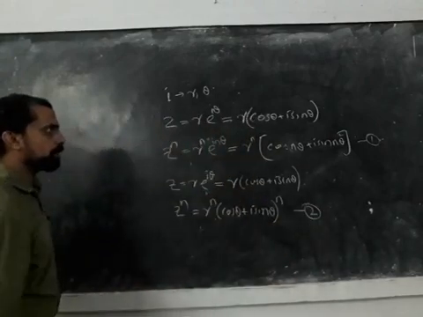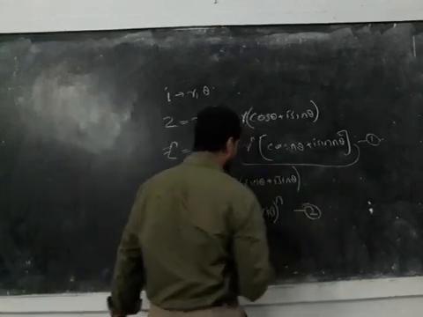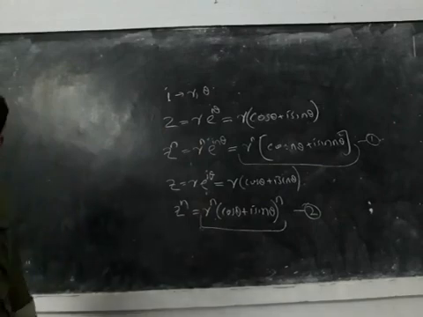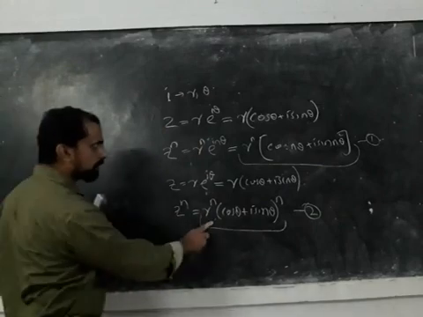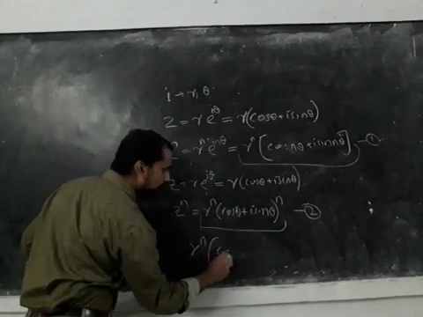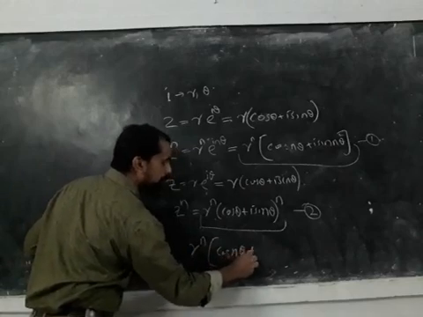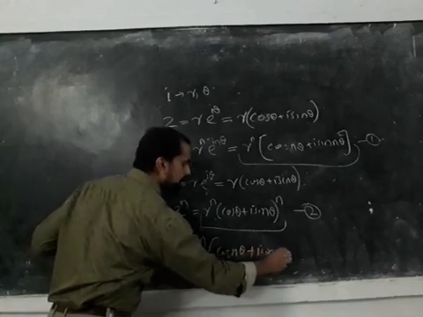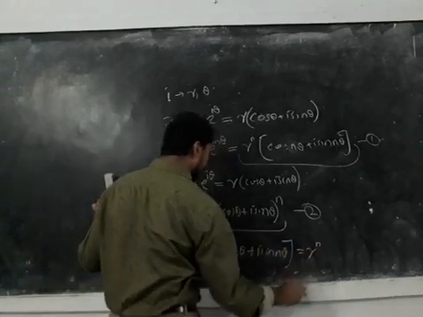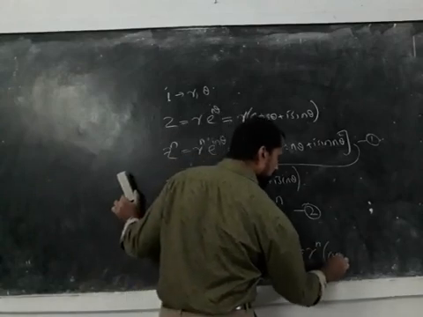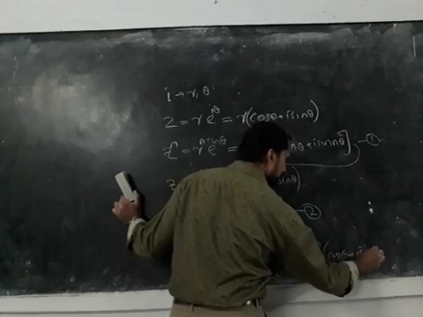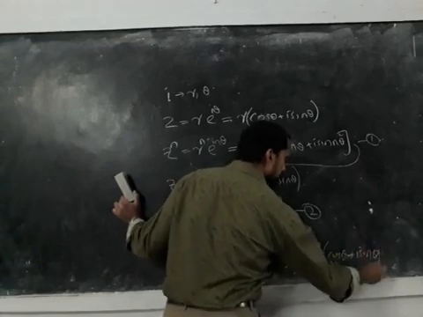I will just compare these two. This part and then this part. So what would be the result? The result is here you have r raised to n (cos n theta plus i sin n theta) equal to r raised to n (cos theta plus i sin theta) whole raised to n.